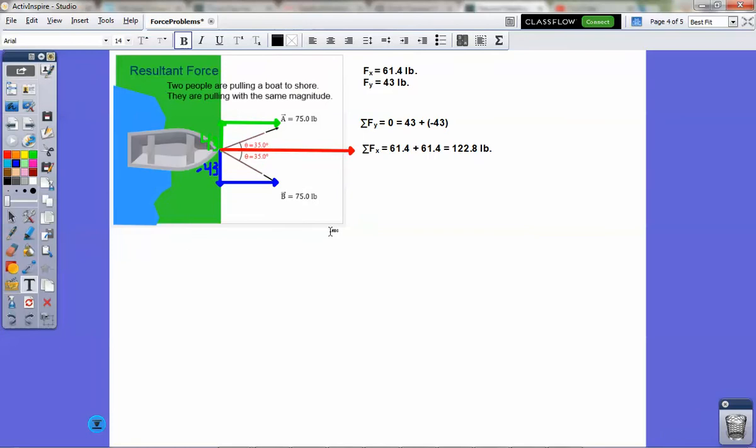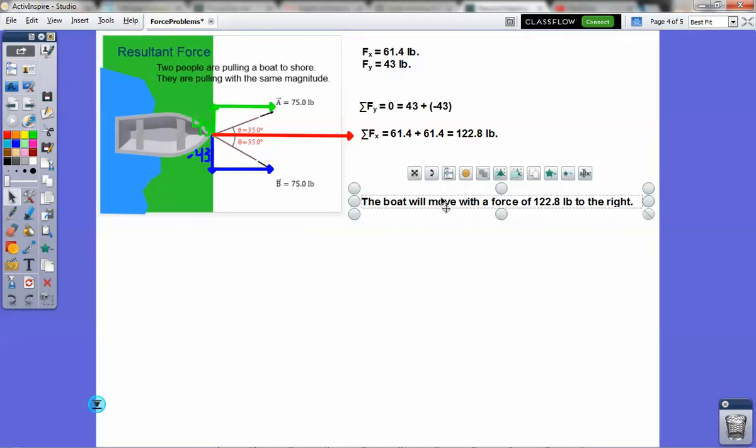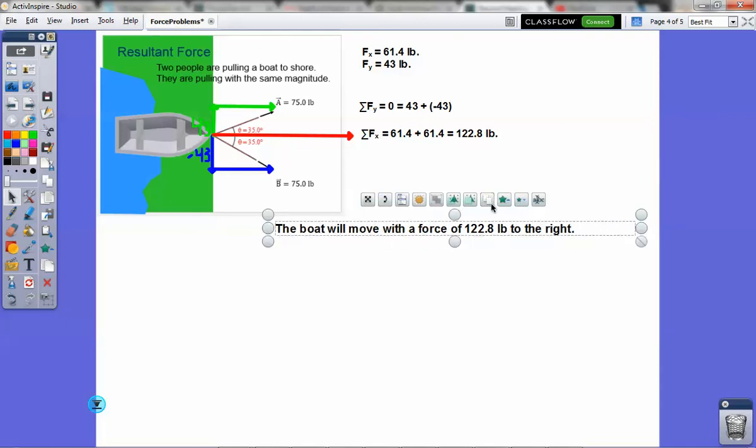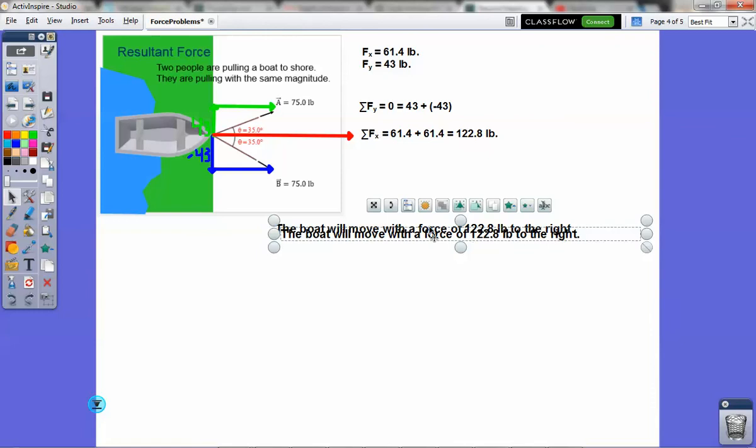So our answer to this problem would be the boat will move with a force of 122.8 pounds to the right. So see how in this problem we're indicating in our answer two things. It's important to remember with net force problems, you have to indicate not just the magnitude, but you also have to indicate the direction. Okay? So saying 122.8 pounds to the right.